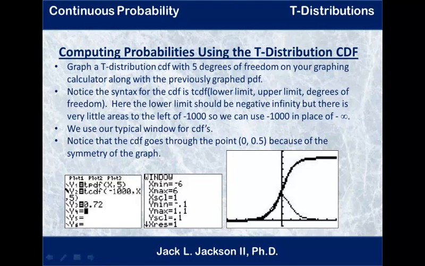Now, in a normal distribution, I told you about 10 standard deviations of work. This one's a little more variable, so I'm going to go out a little further. I'm just going to go out to a negative 1,000. Technically, that should be what? Negative infinity. But we can't really put in negative infinity on this kind of calculator, so negative 1,000 works pretty well.